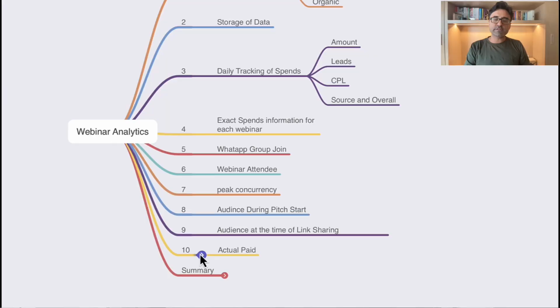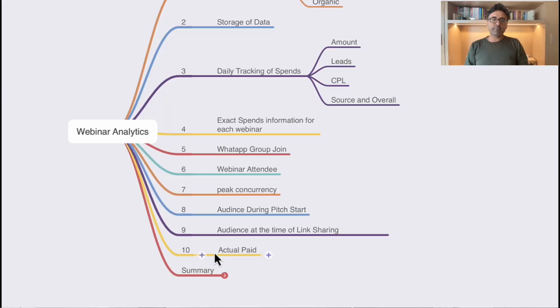Why? Because if you do not make your community information or your product information exciting, then people may not be there at the time of you giving the link. So you are not just looking at the overall sales data, but also tracking exactly how the funnel is building from people who are joining the webinar to people who are there at the time of pitch, people who are there at the time of link sharing, and then finally who are actually paying for your webinar.